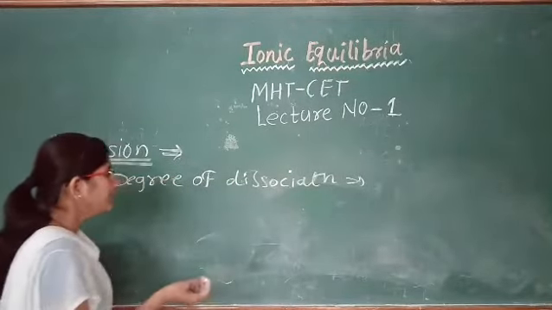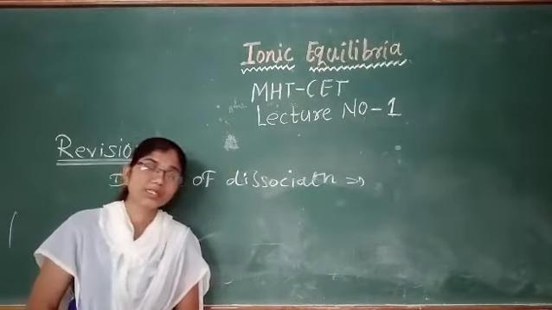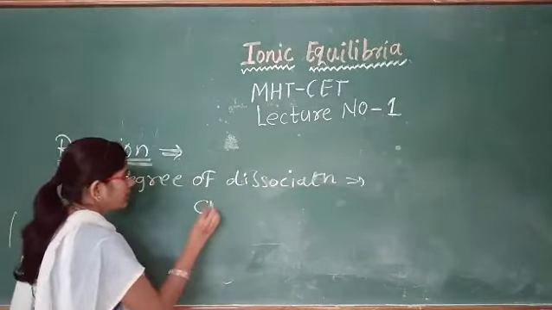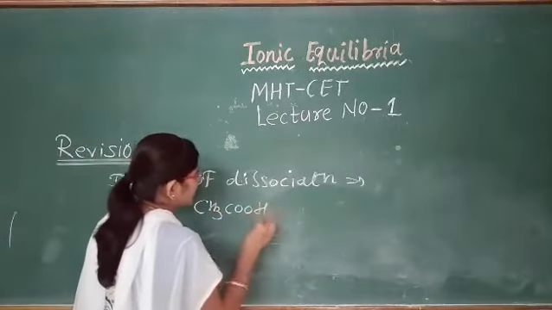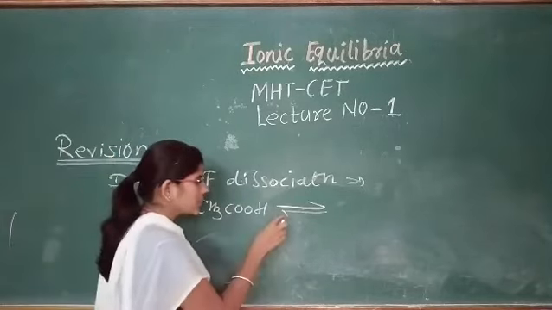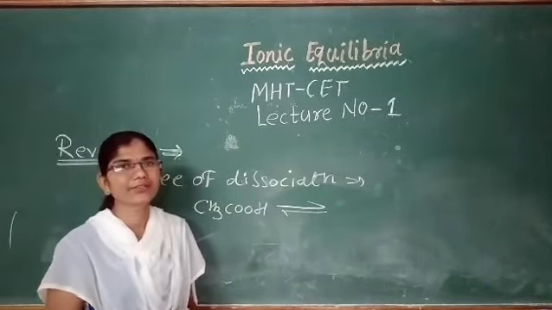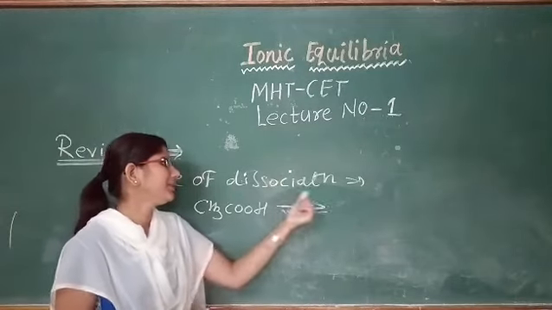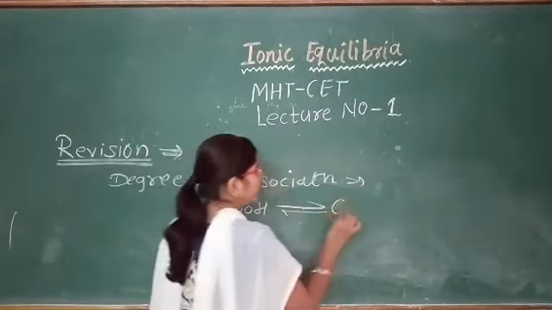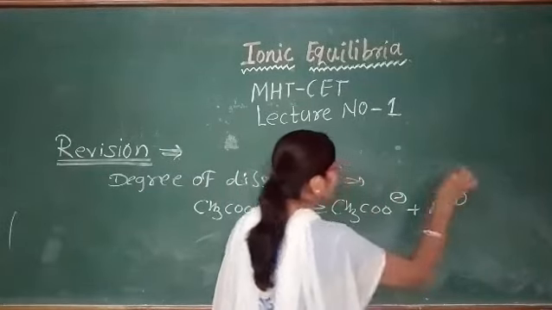For example, take a weak acid or weak base which dissociates partially or incompletely. Acetic acid is a weak acid which dissociates incompletely, and therefore the equilibrium reaction is written using a double-headed arrow. It forms the acetate ion and the hydrogen ion.